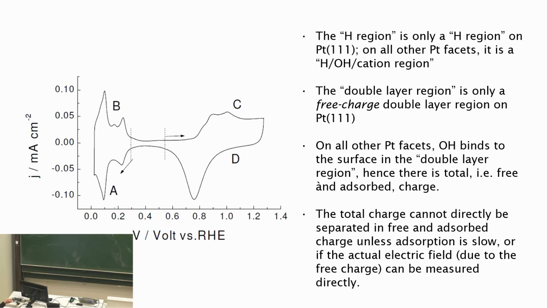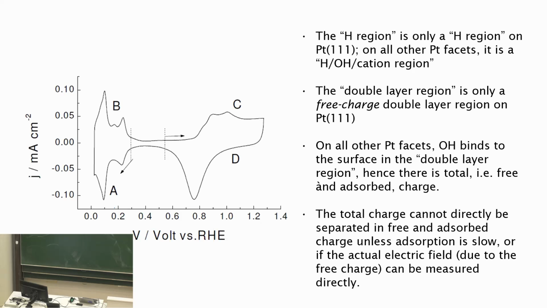And that means that every charge that we measure, if we integrate the current here, is what electrochemists call total charge. It's not just free charge, it's also the charge that we use to make these surface bonds. And then the question is, how do we separate that? Because you would still like to know, what is the real excess charge? What is the real electric field?